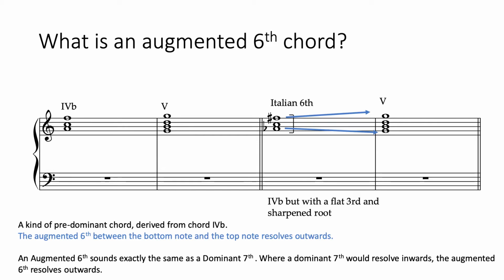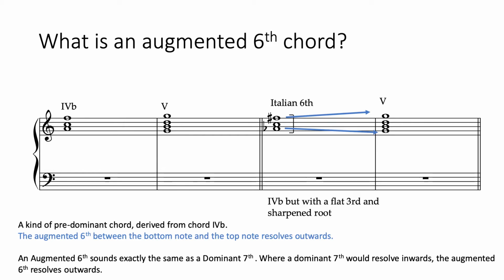And this respelling, this A flat to F sharp, reflects the way in which this chord resolves. This chord resolves outwards. The A flat and the F sharp move outwards to an octave G. And in fact, with all augmented sixth chords, the bottom note and the top note resolve outwards to octaves.